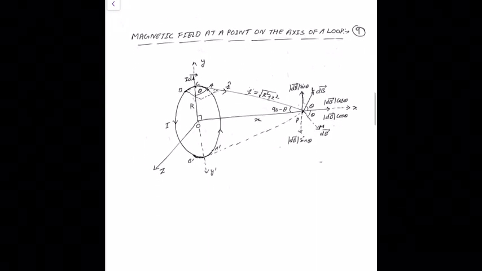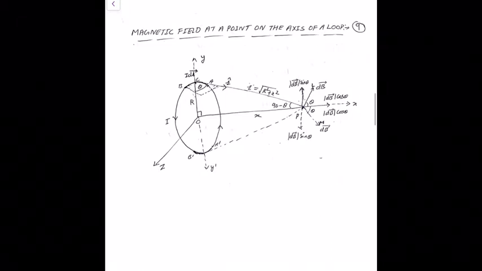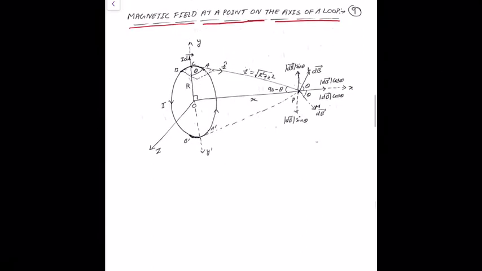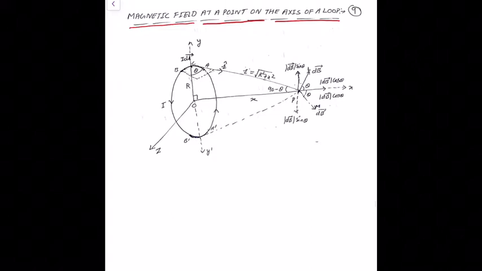Next, magnetic field at a point on the axis of a loop. Consider a circular loop of radius r. Here radius r, center O, and carrying current I anticlockwise.